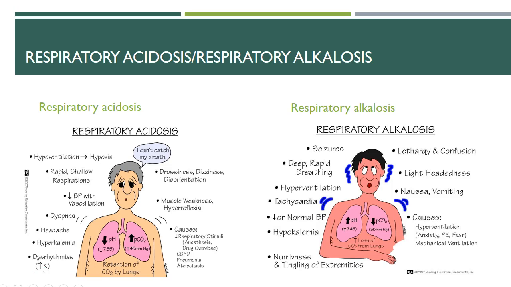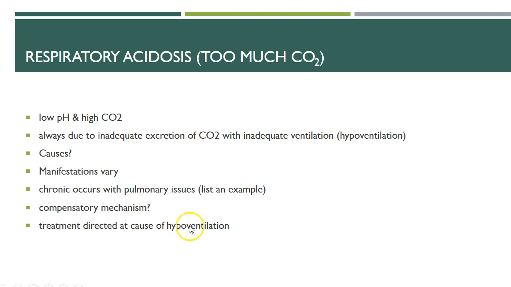And then the way that we compensate is with our kidneys, and they help rid the body of the bicarb. And then again, the treatment is going to be aimed at the cause. So if the cause is because somebody was anxious, then we want them to breathe slower. So respiratory acidosis is too much CO2.